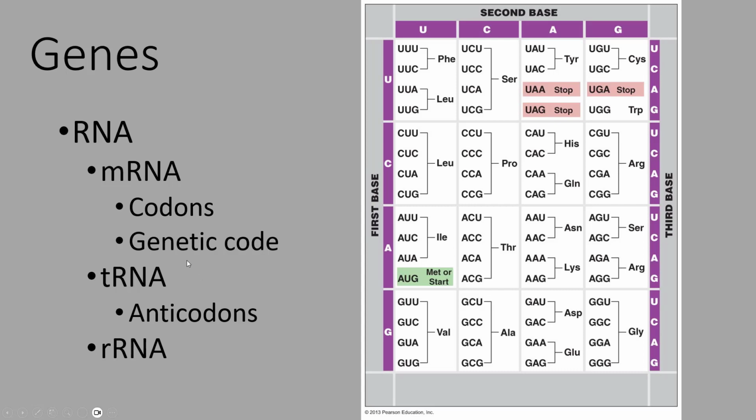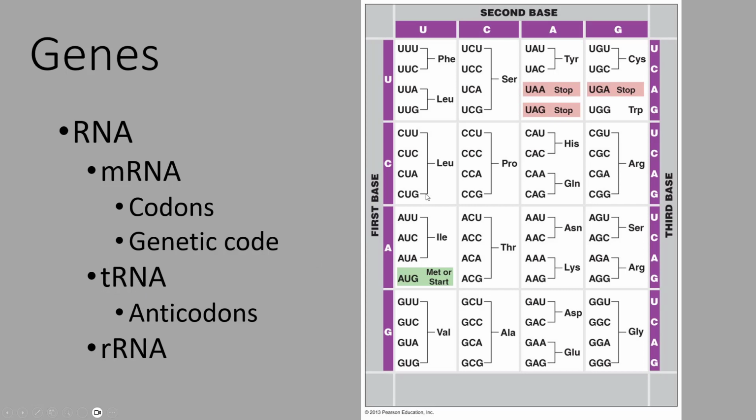Well, we have another type of RNA called transfer RNA, or tRNA. These guys have 3 letters exposed called anticodons, and they are the opposite 3 letters of the codons of messenger RNA. Based on the codon of messenger RNA, the anticodon of transfer RNA is going to match with it. tRNA, what's it transferring?